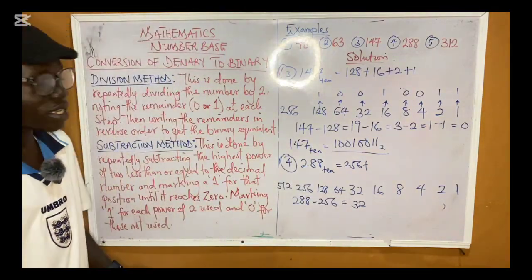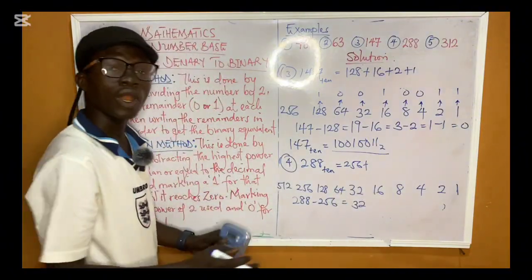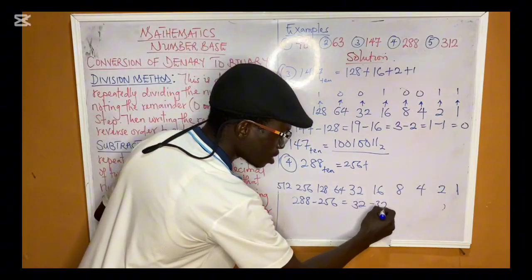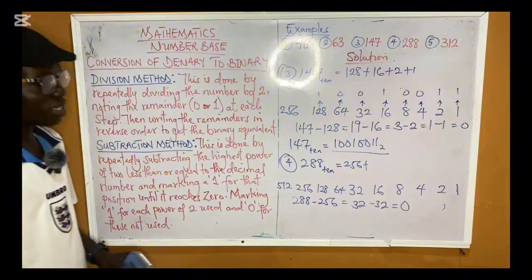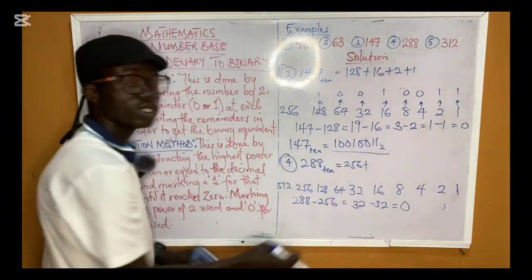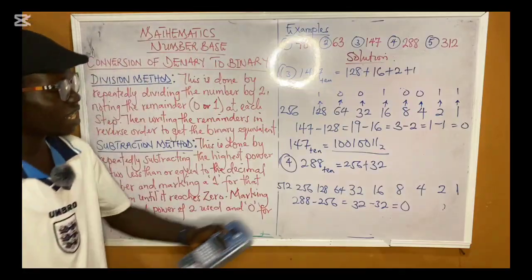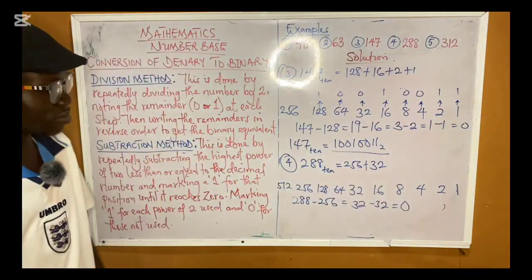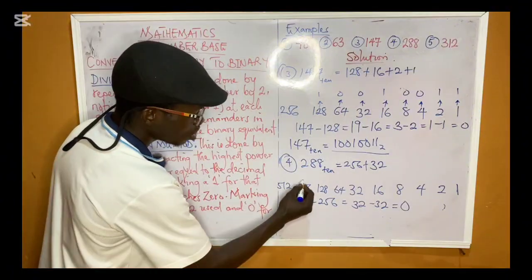The next one is to look for the power of 2 that is the same thing as 32 or less than 32. Here we have 32, we have 32. We subtract 32 from it. Our answer will be 0. Since we've used 32 here, we are going to write plus 32. Now if you add them together, we surely have 288. What are the numbers we used? We used 256.